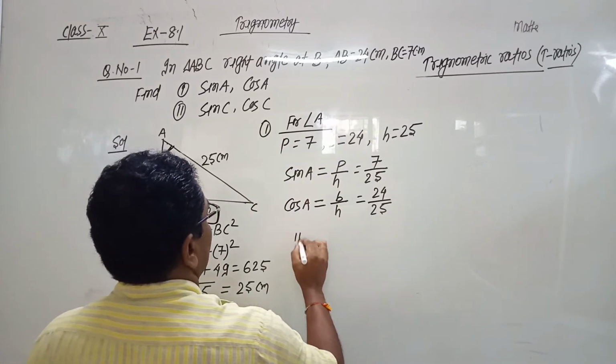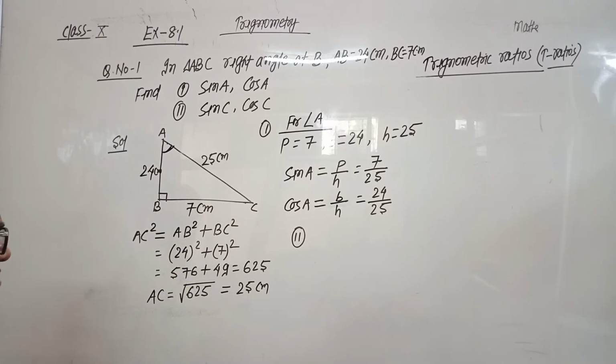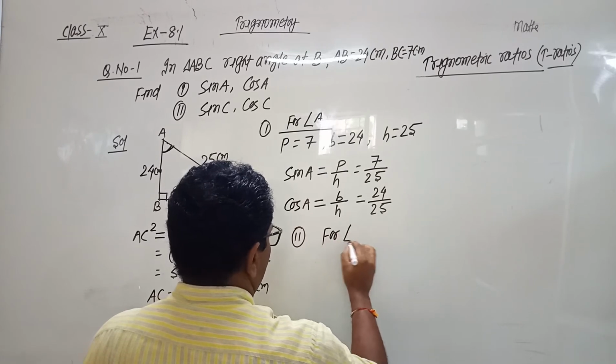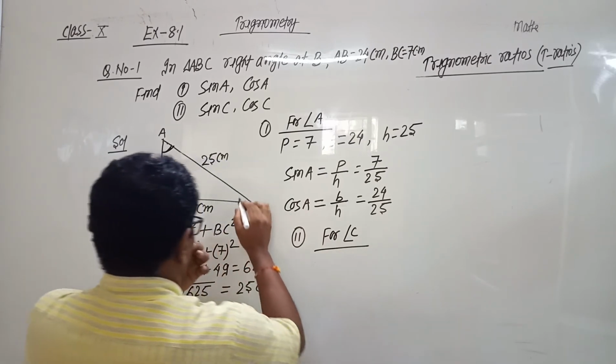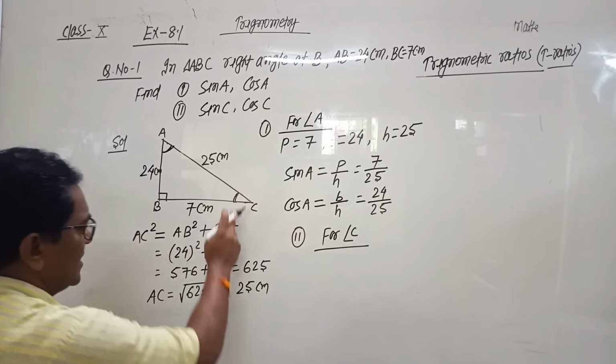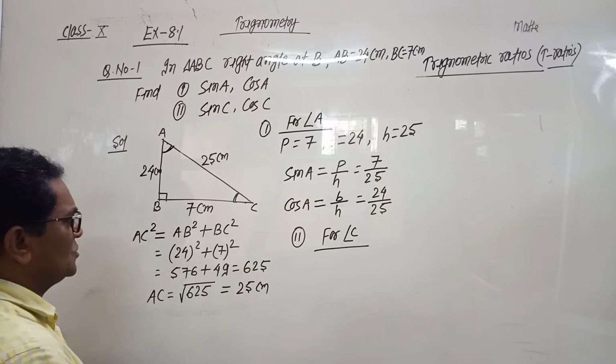Then for the second part, we have to find sin C and cos C. For acute angle C, perpendicular and base change their position.